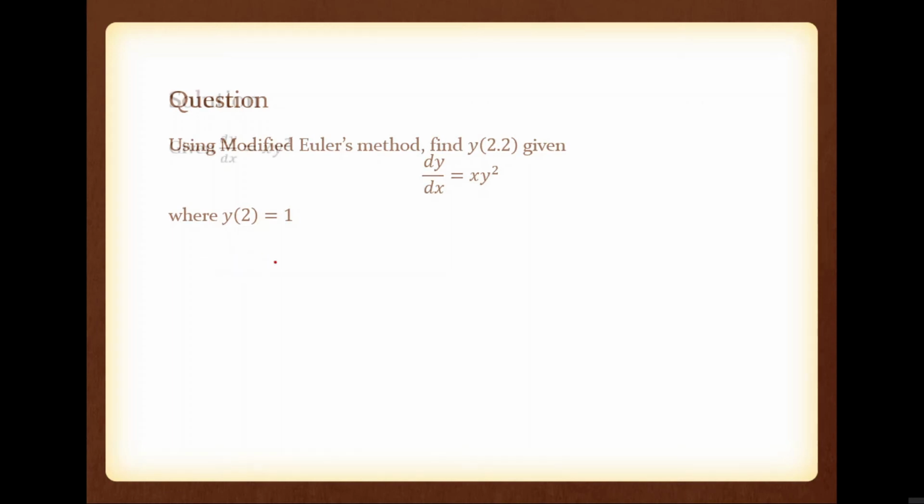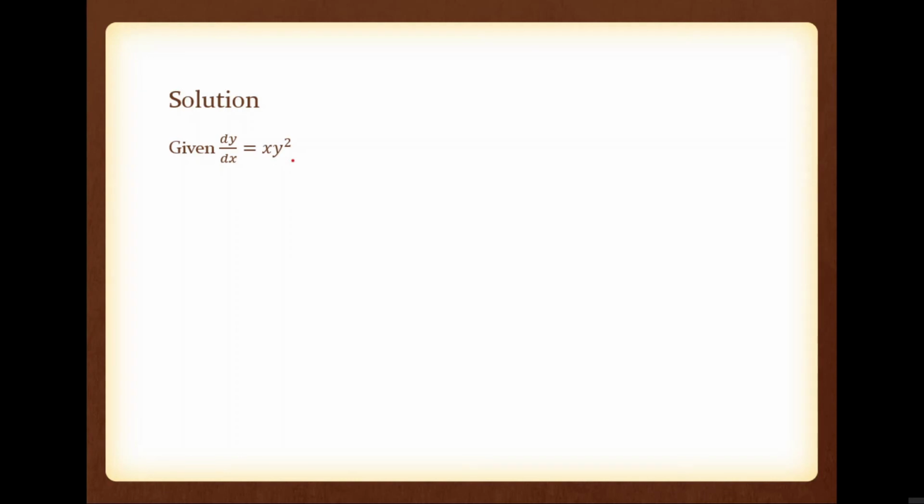So now, given dy by dx equal to xy square. So what is f of x comma y? Yes, the right hand side is xy square. Means in some situation the question may be dy by dx minus y equal to x square.